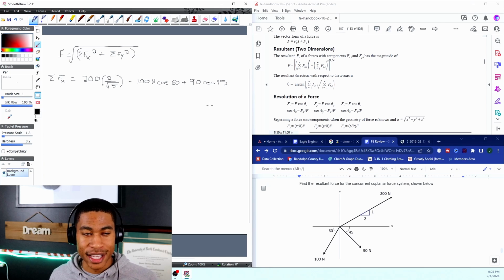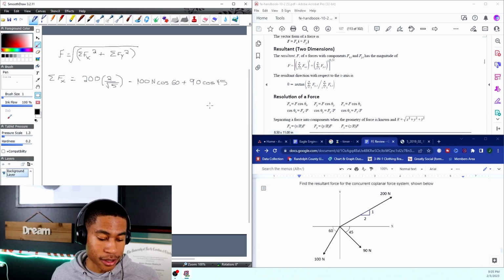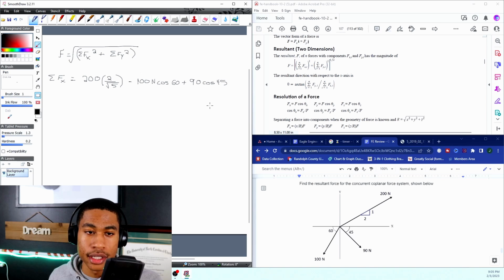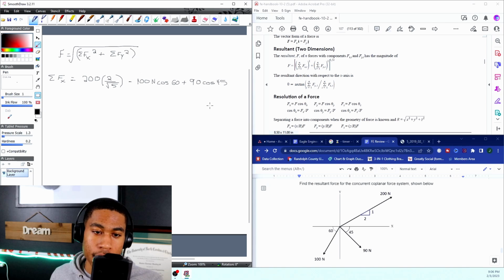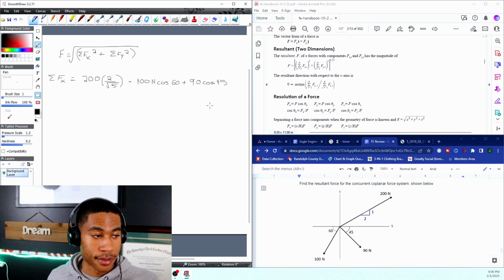You'll be like, okay, I know what mode to set my calculator in. I know how to do this problem. I know where to find the formula. It's just a lot more clear. So if you're using this type of calculator, just make sure you go to mode and put it in degrees. We're working with degrees here. If your calculator is set to radians, it's going to be incorrect.